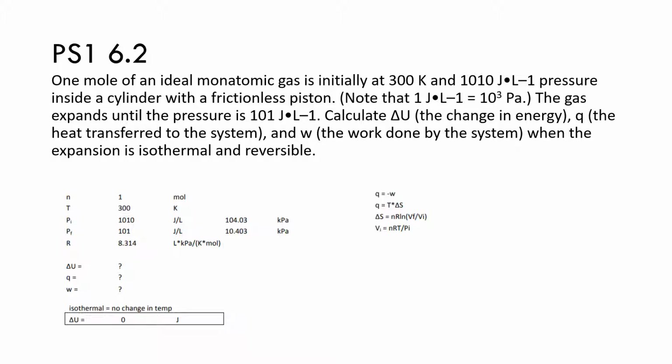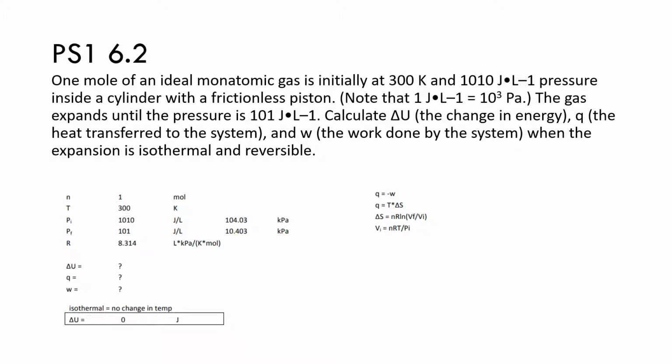We also know that Q is equal to T delta S, and that delta S is equal to nR ln of VF over VI. And then we can look back at our ideal gas law and see that VI is equal to nRT over PI. So now we can solve for our two different V values, VF and VI.